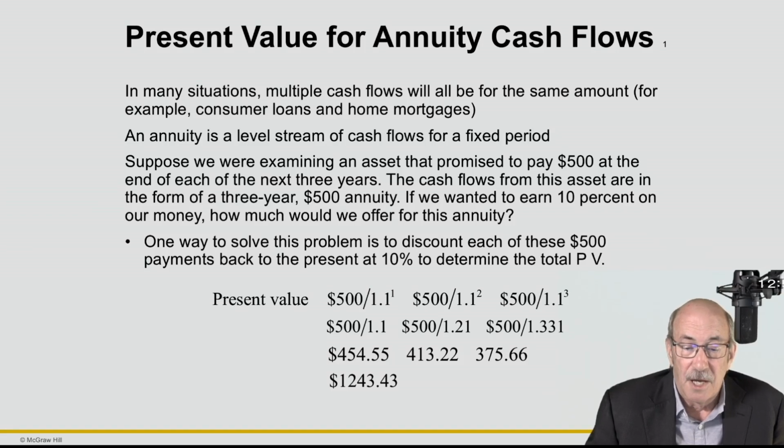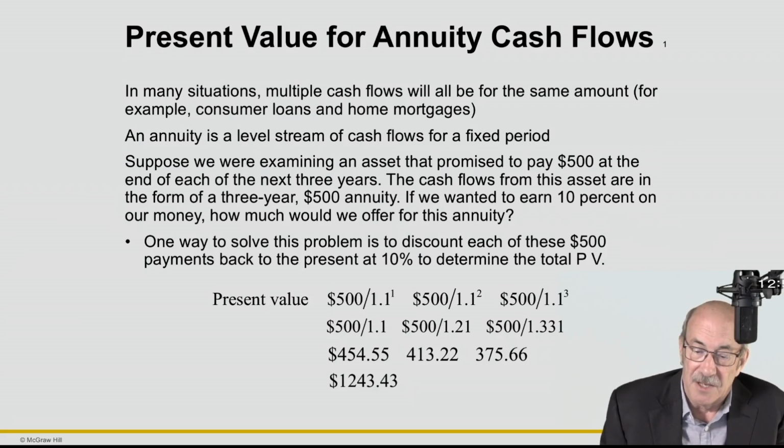All right. In many situations, multiple cash flows will all be the same amount. In an annuity, it's a level stream of cash flows, just like what we looked at in the previous example. So in this case, let's suppose that an asset is promised to pay $500 at the end of each of the next 3 years.